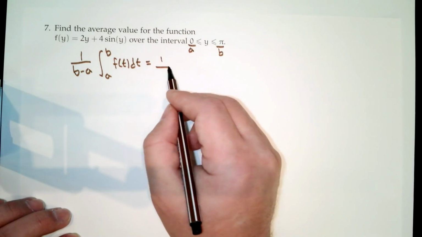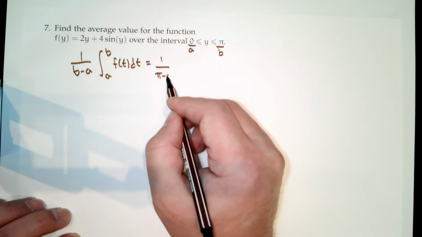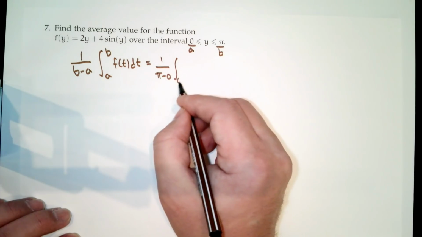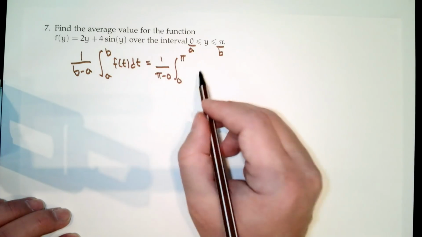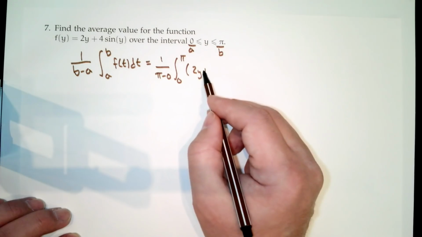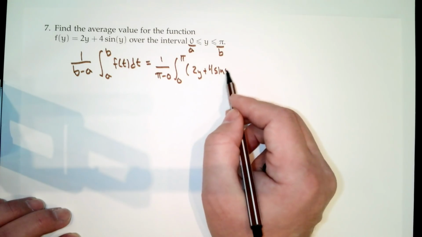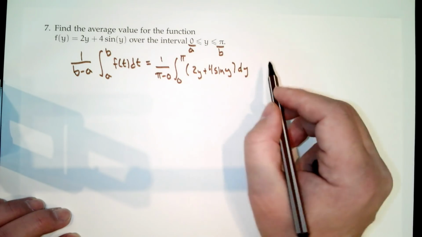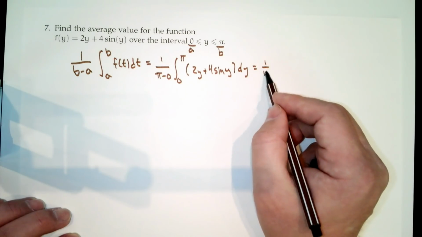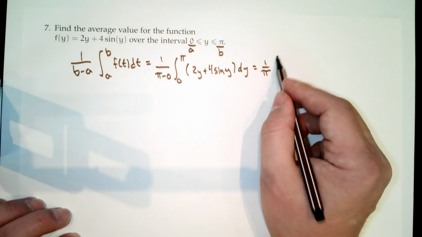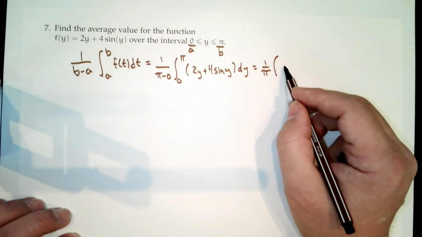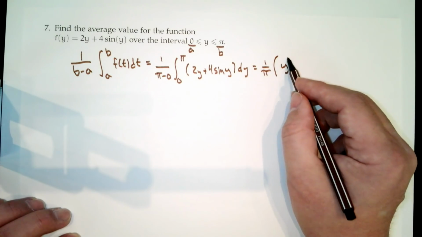So 1 over pi minus 0, integral 0 to pi of the function 2y plus 4 sine of y dy. So 1 over pi. What's the integral of 2y? Y squared.